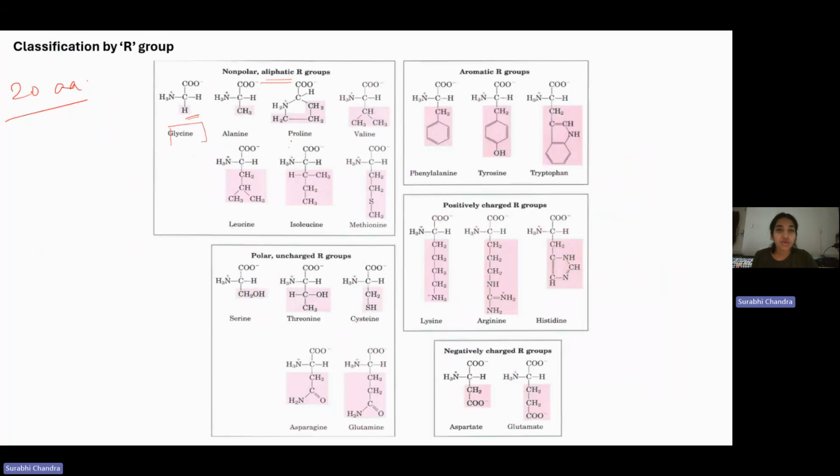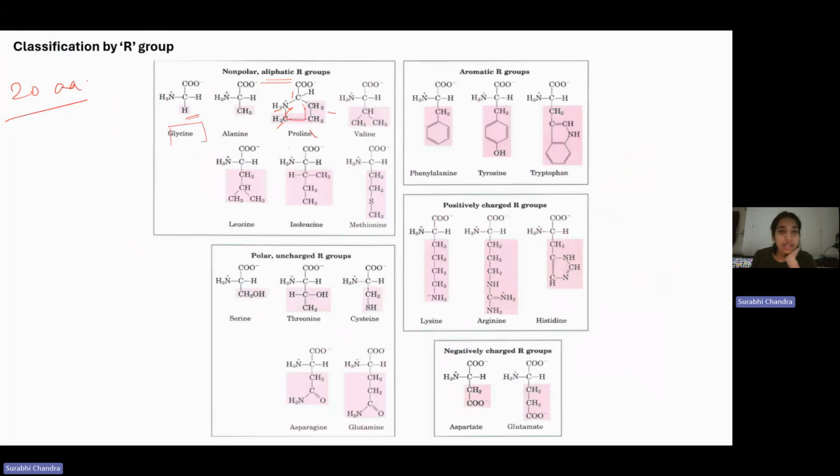In proline, it is also aliphatic, but the NH2 group is forming a five-membered ring, thereby giving an unusual ring-like structure to proline.